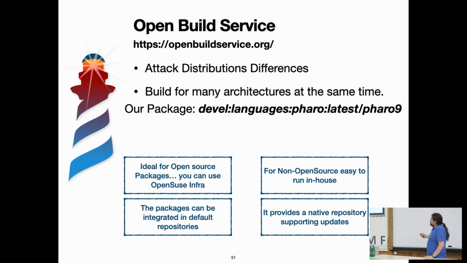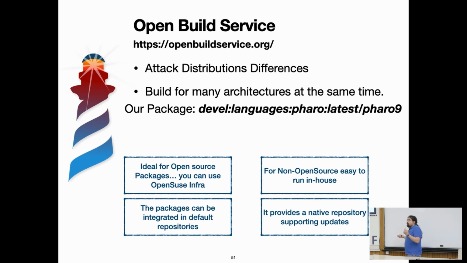This solution is ideal for open source because basically the packages can be integrated easily in the official repositories of the distributions. It also provides us with repositories that are already there, handled by the tool to generate the metadata and the updates.